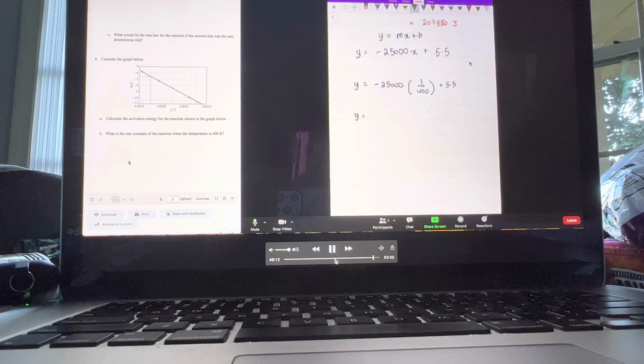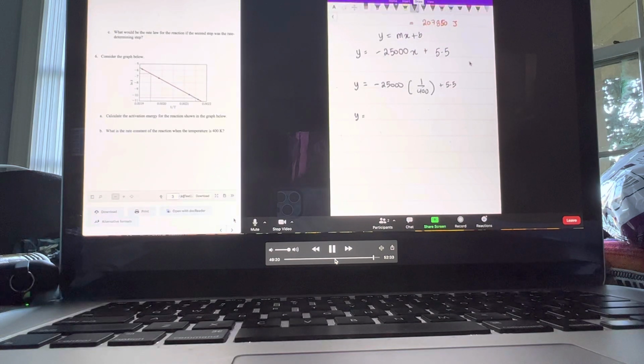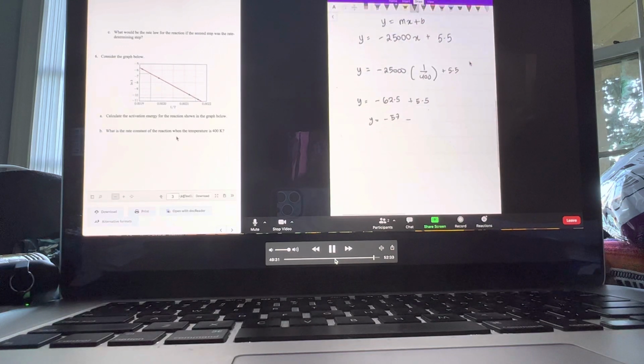Negative 57. So 25,000 divided by 400, with the negative, plus 5.5. Yes, so y equals negative 57. So this is also equal to ln of k, right? So what is the value for k? I got 1.75 times 10 to the negative 25.